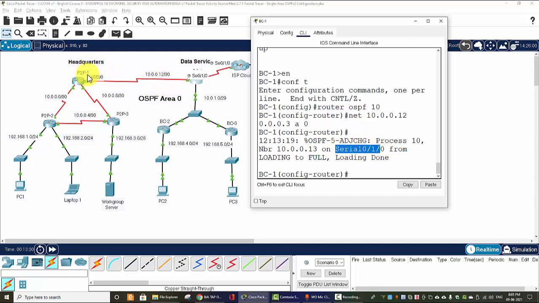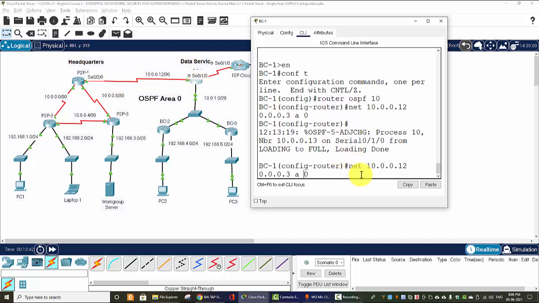The P2P1, the headquarters router, has established the neighbor with this router. 10.0.1.0 with the wildcard mask, /29, how many is that, 8? Oh sorry, it should be 7. Should be 7.